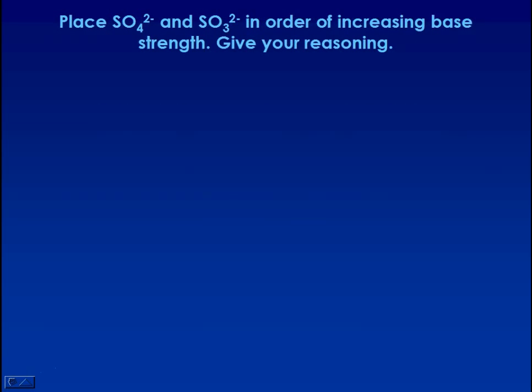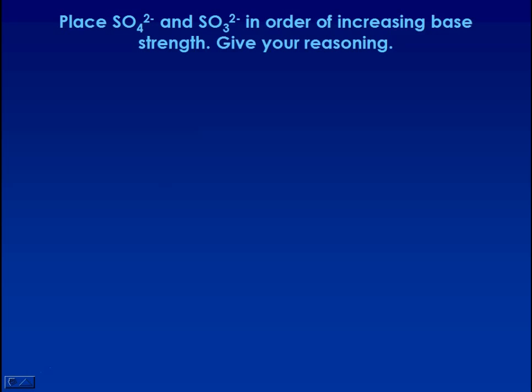Now, if we look at it from the opposite approach, SO4 2- and SO3 2-, we see that SO4 2- has one more oxygen atom, so trying to get it to accept a hydrogen proton is going to be more difficult than with SO3 2- because of that site of negative charge that's going to occur.